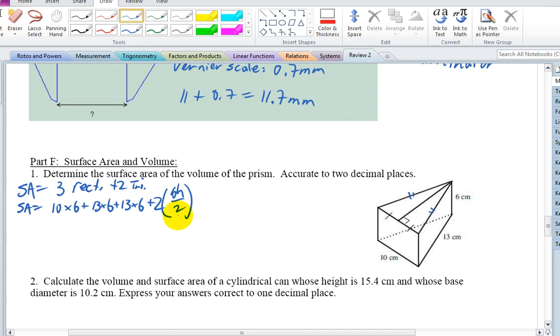Now, the problem is we don't know what the height is of the triangle. Okay? We don't know what that height is. So what we have to do is find it.